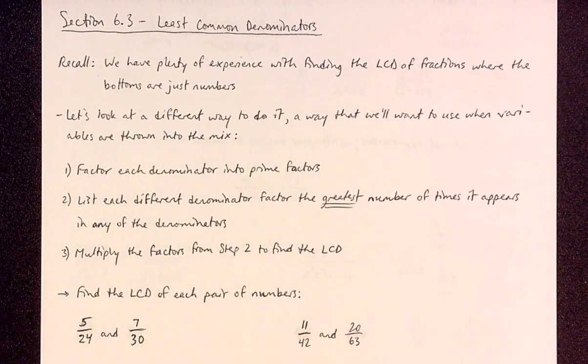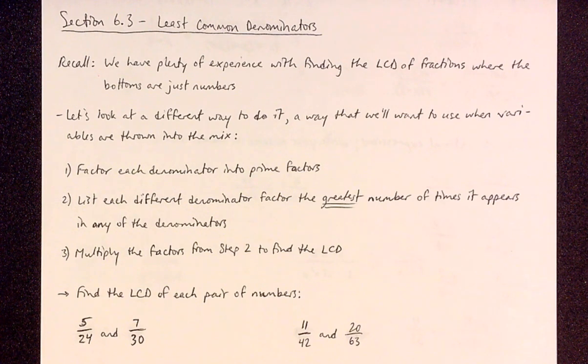We've said it who knows how many times. We have plenty of experience with finding the least common denominator of two fractions, but we have done this where the denominators of these fractions are just numbers. As I said, now we're going to get variables thrown into the mix.